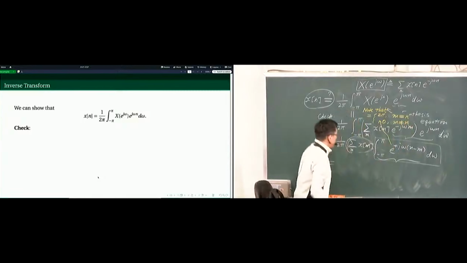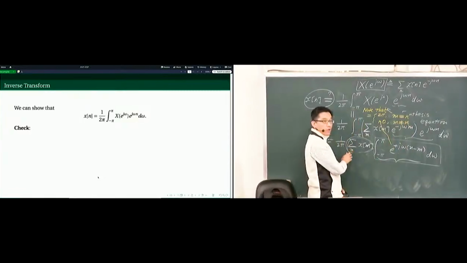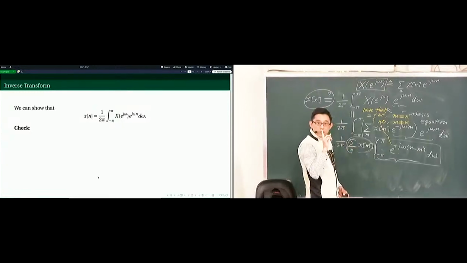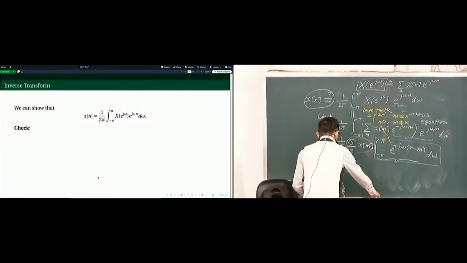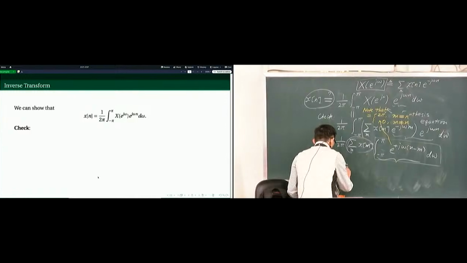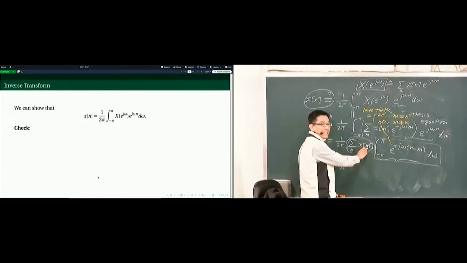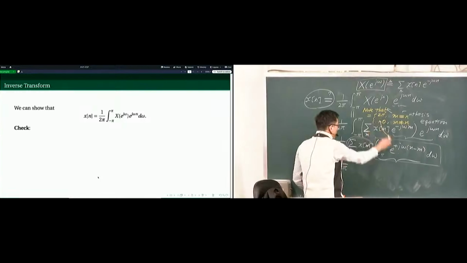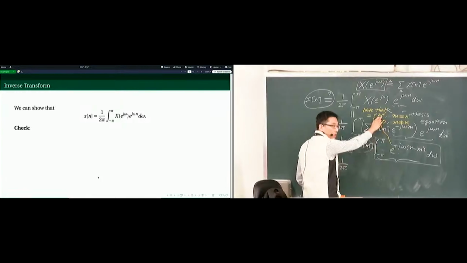So we have an infinite summation, but almost everything is 0, except one term. Except that one term when m equals n. And when that happens, the integral equals 2 pi.